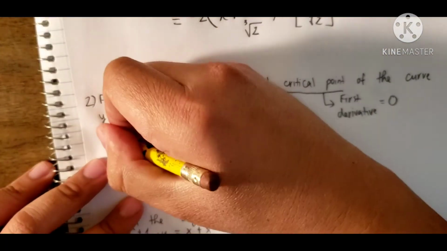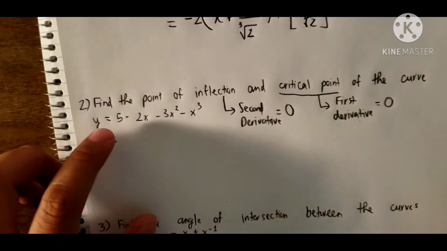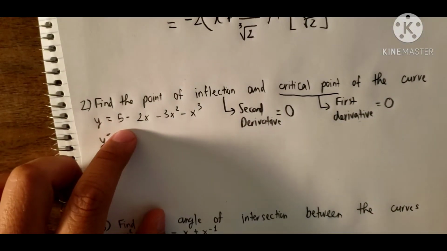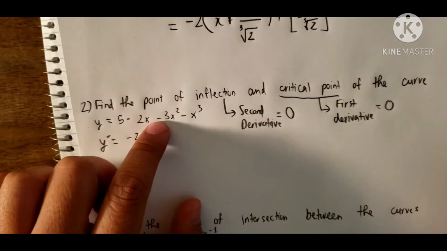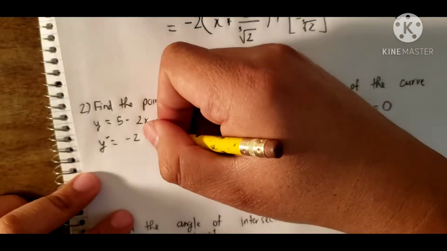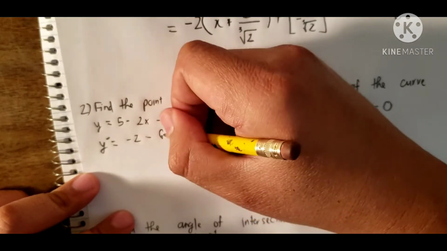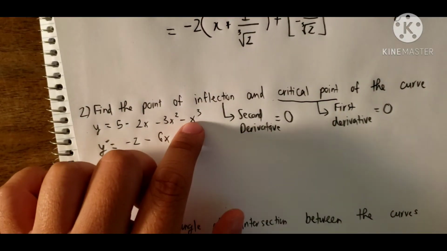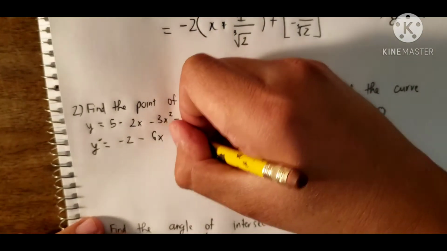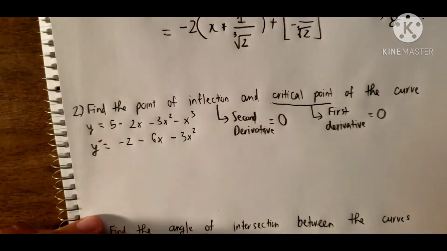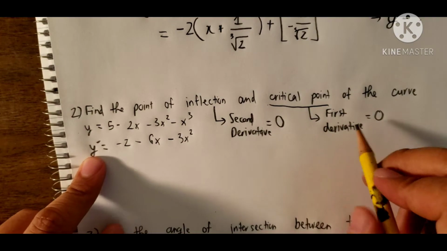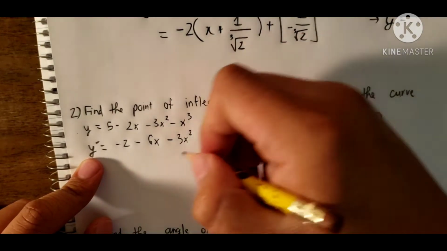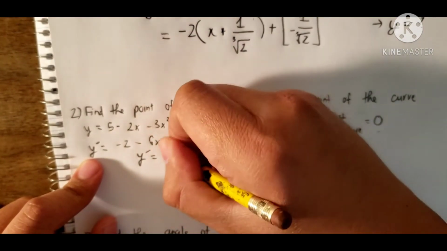So we do first derivative. First derivative of 5 is about 0, minus 2x is about minus 2, minus 3x power 3 is about minus 6x, and the minus x power 3 is about minus 3x power 2. Because we find the critical point, you put first derivative equal to 0, so this one will become the 0.